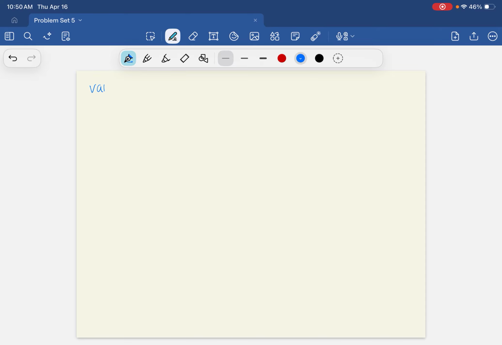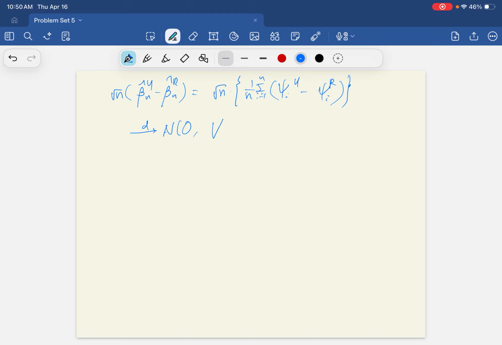As a result, the variance of square root n times beta hat u minus beta hat r equals square root n times 1 over n summation of psi u minus psi r using the influence function, and it converges to a normal distribution (0, V_H), where V_H is the expectation of (psi u minus psi r) squared.